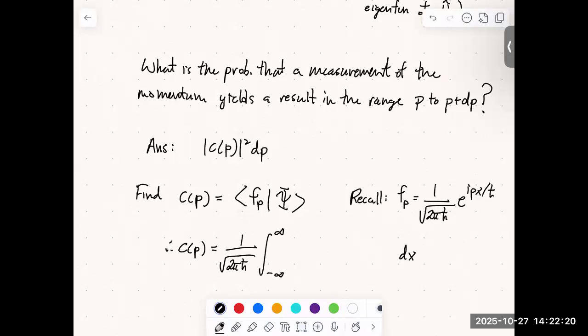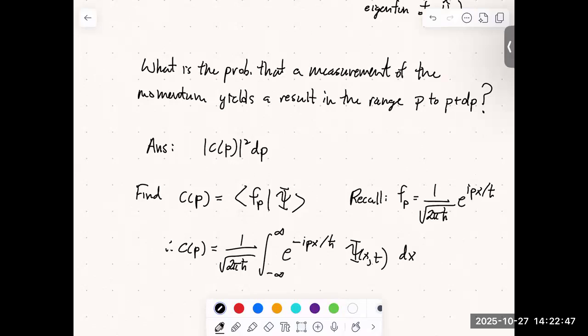This wave function, we'll just write it down. And then we just need the rest of this eigenfunction. And so it's this exponential, but notice that this is the conjugate. So we're going to have to put in a minus i here. So we get e to the minus i px over h bar.